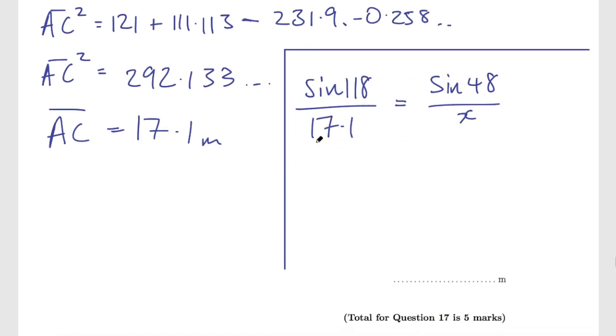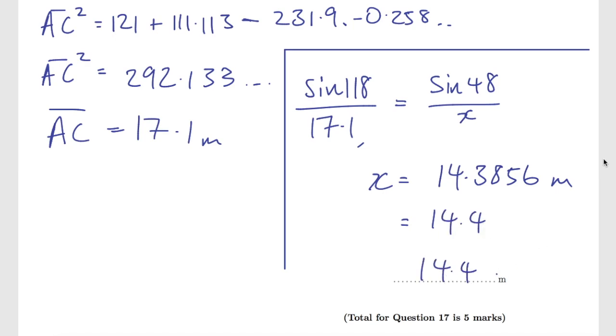And then if you rearrange that, work out sine of 118 divided by 17.1, and then divide sine 48 by that number, and you'll get x. So x equals 14.3856, and round that off, and you get an answer of 14.4 meters.